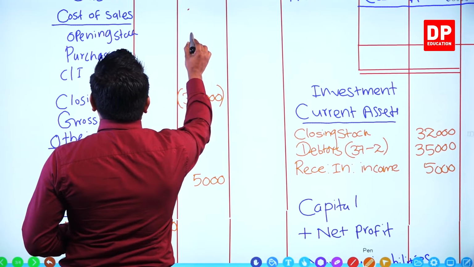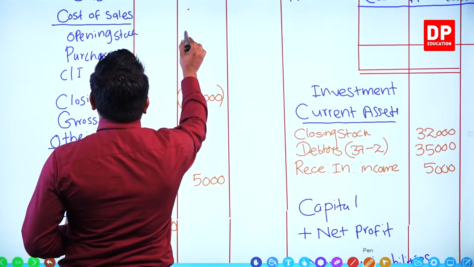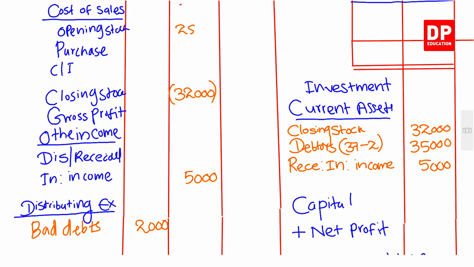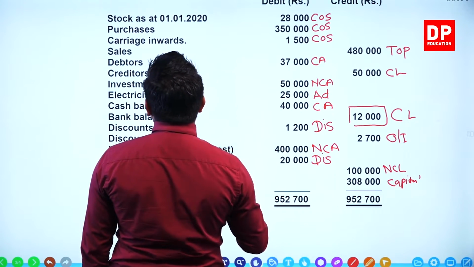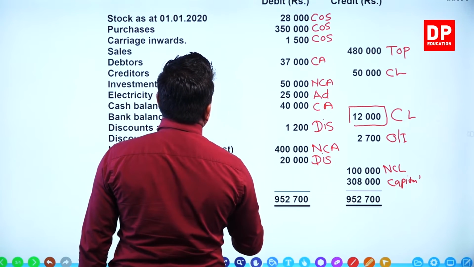Purchase how much? 350,000. Yeah. Carriage inwards? I don't know. We have to check it, right? Then say how much the carriage inwards? 1,005, sales 480, right?